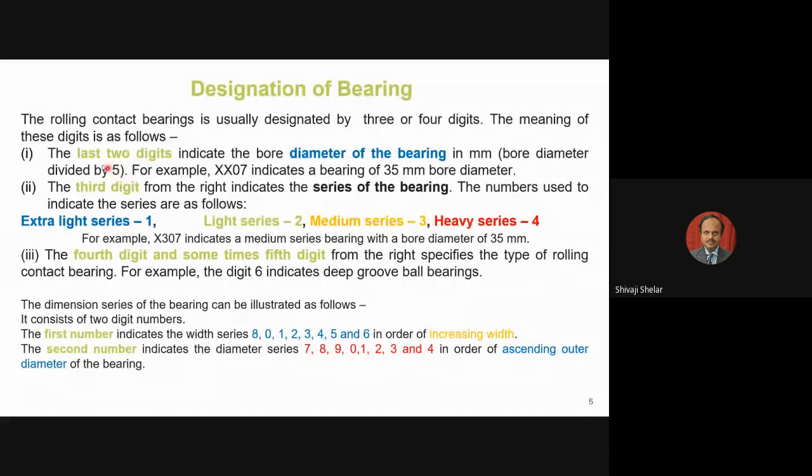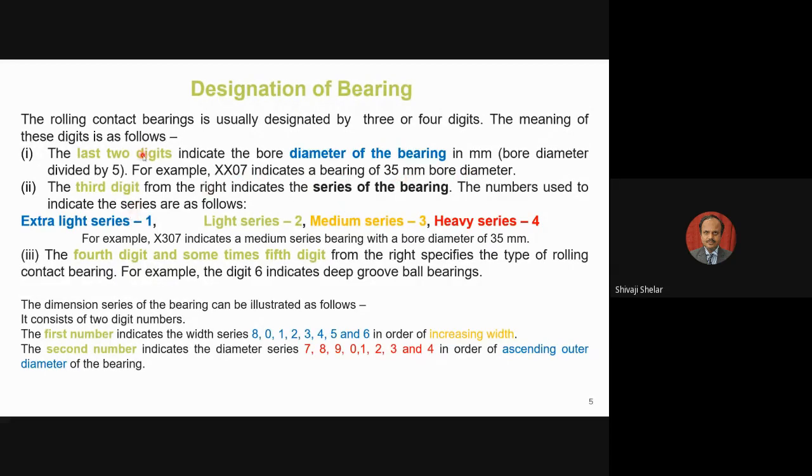The 2 digits associated with 40 mm will be written by dividing by 5. So 40 divided by 5 is 8, so the last 2 digits in the designation will be 08. If it is 100, then it will be 20. For example, XX07: the last 2 digits, 07, indicate a bearing with 07 into 5, that is 35 mm bore diameter.